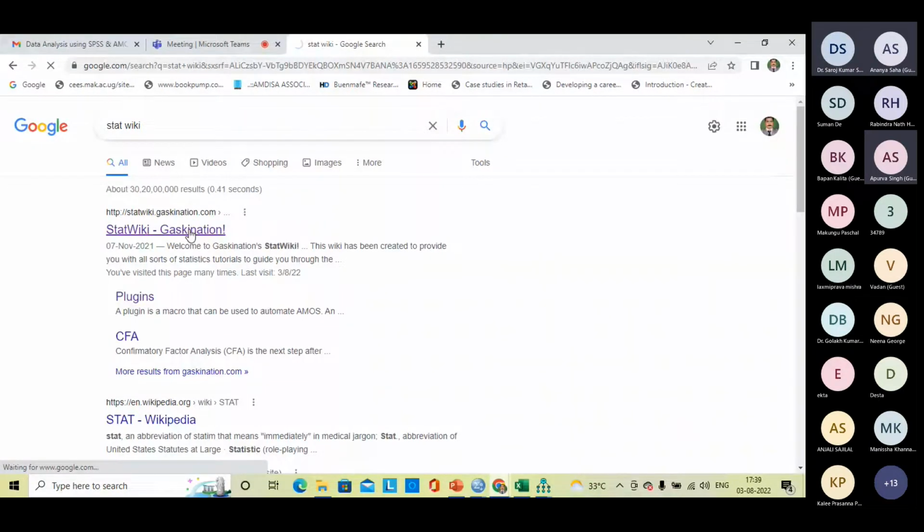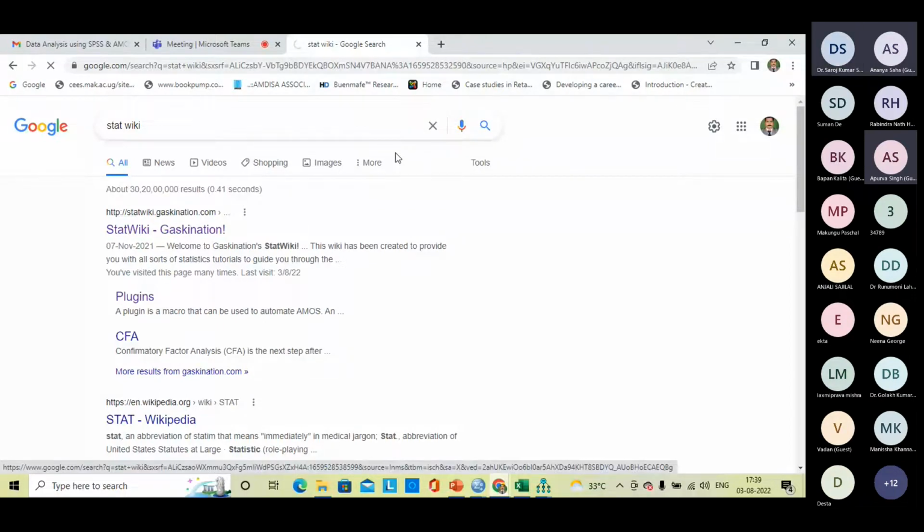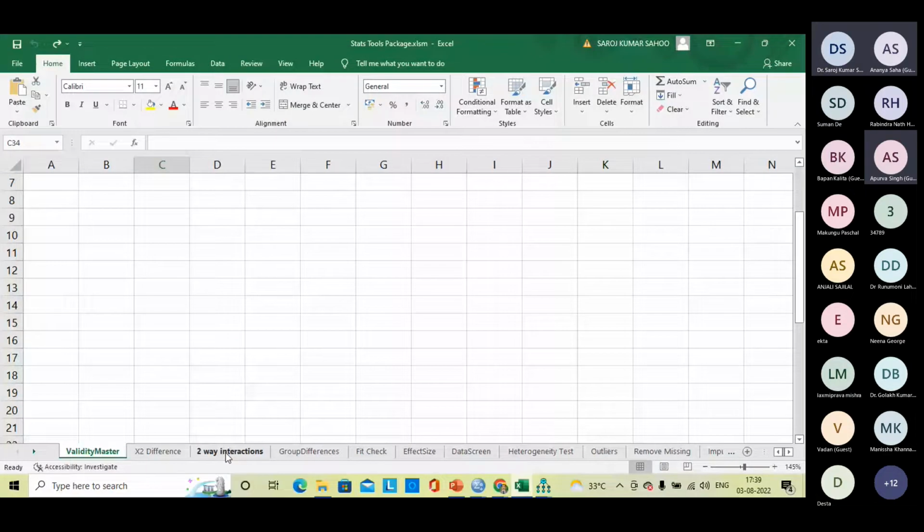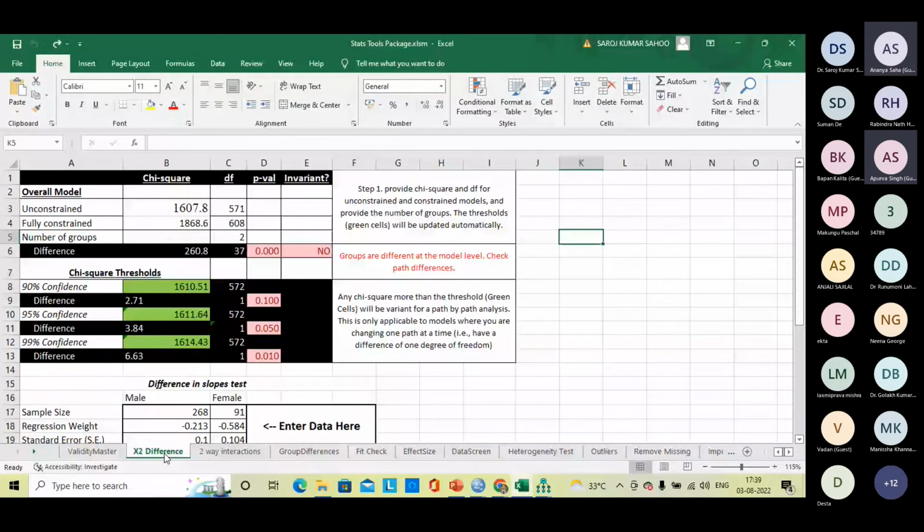The internet is very slow, so those who have downloaded the Excel sheet might be getting it. Is that right? Yes, sir.